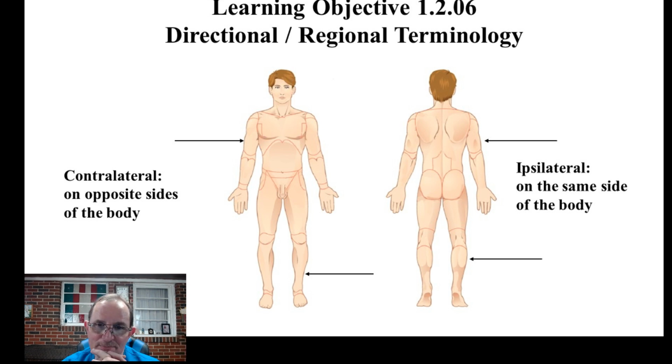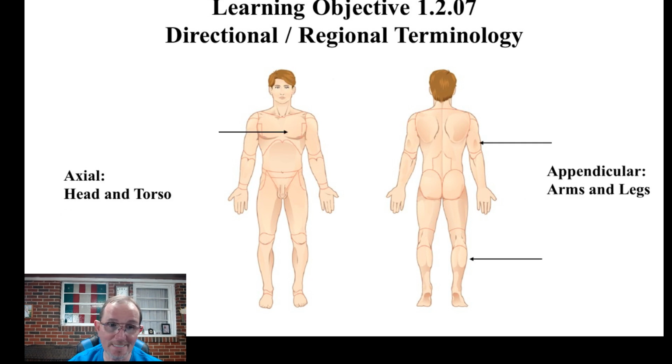If I want to say something is ipsilateral, I'm saying that they're on the same side of the body. My right ear and my right eye are ipsilateral. My two eyes are contralateral. They're on opposite sides. It's going to take a little, guys, you can't just hear this once and absorb it. You're going to have to practice this. You're going to have to study it. You got to know it. End discussion.